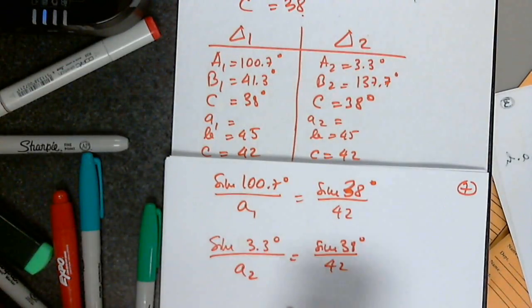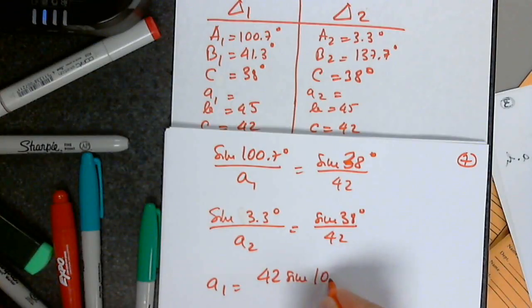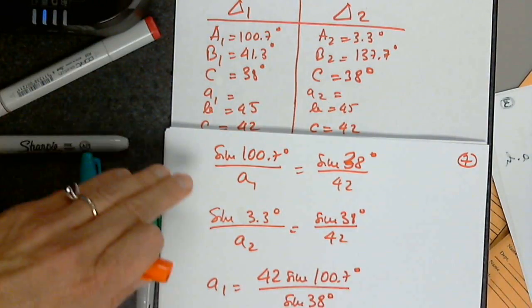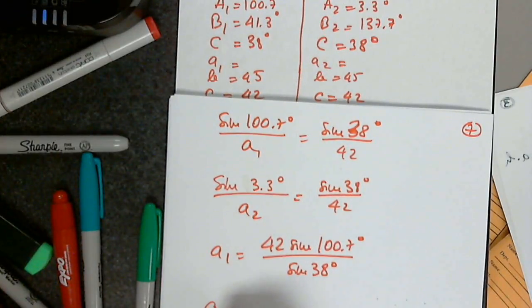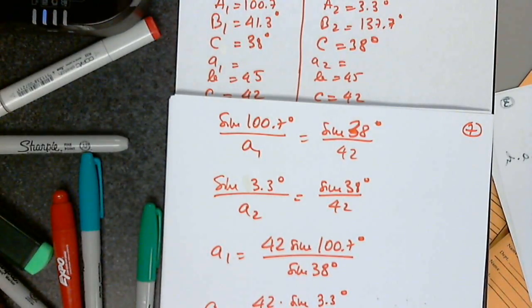So for me, I cross multiply, I get a1 and a2. So a1 equals this times this over this. 42 times sine 100.7 degrees over sine 38 degrees, and I'll put it in the graphing calculator, and a2 will be 42 times sine 3.3 degrees over sine 38 degrees. Now I put those two in the calculator, and I'll have a1 and a2, lowercase.